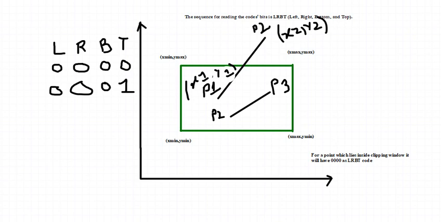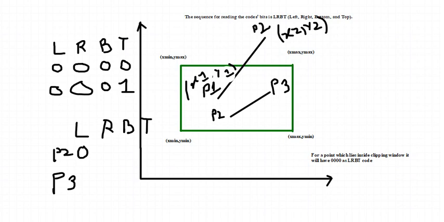Just by observation. Now, you have to establish this algorithmically by following these LRBT codes. If you look at the endpoints of the line, points P2 and P3, and try to establish the LRBT codes for them, as both the points are lying inside the clipping window, LRBT codes will be all 0.